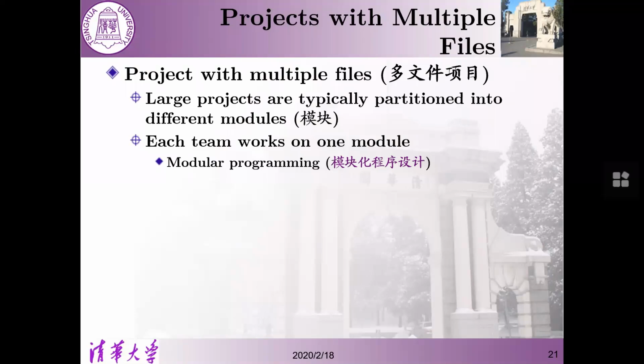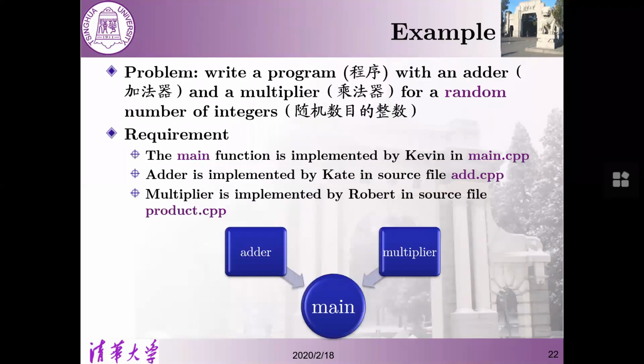You cannot just use one file. It is typical that large projects are partitioned into different modules, and then each team may work on one module. So multiple-file projects enable modular programming. Here is an example.